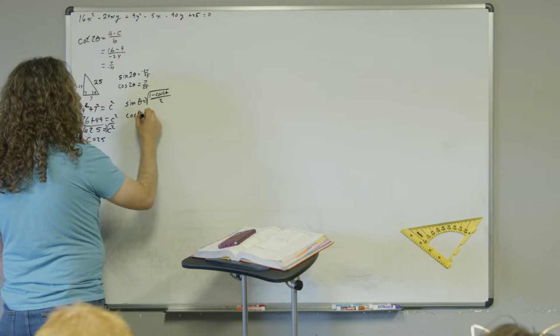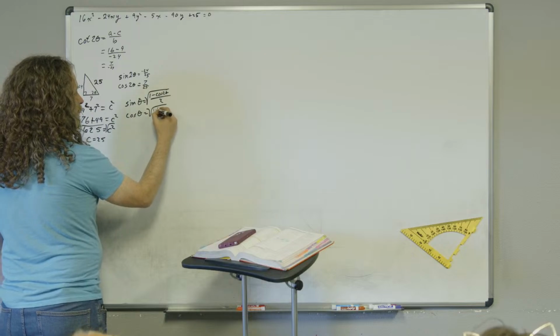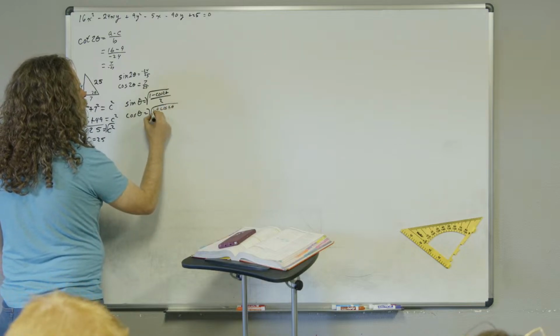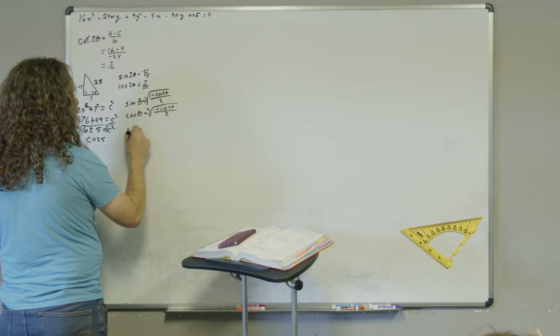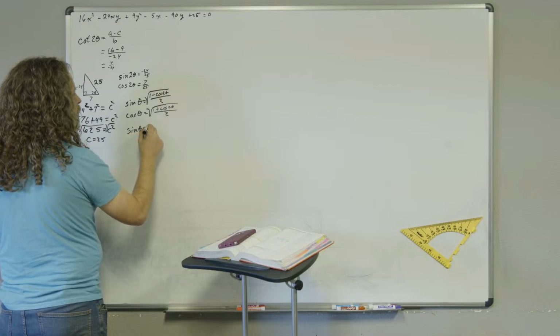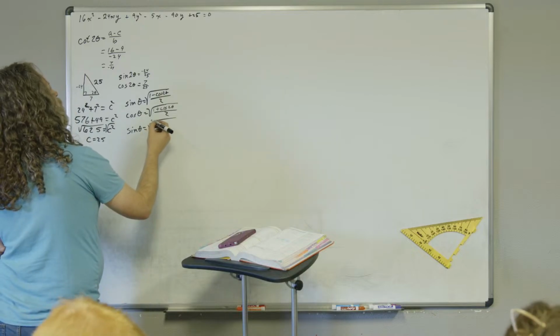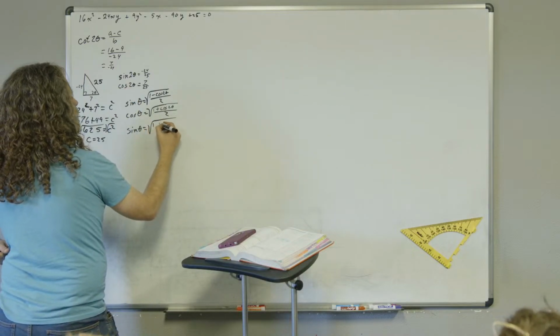Cosine of theta equals the square root of 1 plus cosine 2 theta over 2. So the sine of theta equals 1 minus, I don't know why I wrote all those. We didn't really care about all those, but that's fine.